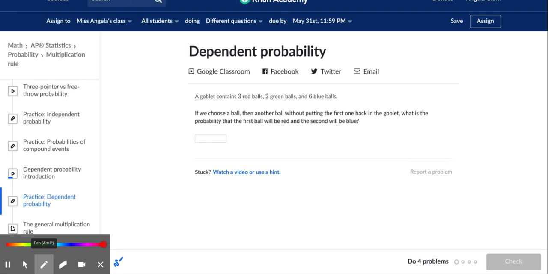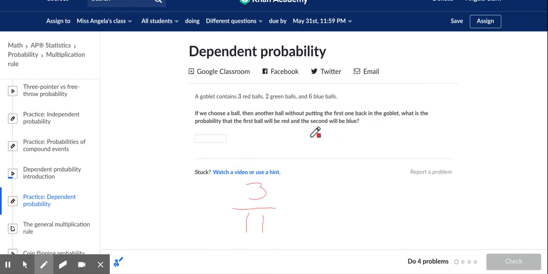So in my first time picking, I have 3 plus 2 is 5 plus 6 is 11. I have 11 balls, so that's going to be my denominator. And there are 3 red balls. So there's 3 chances of getting a red ball. 3 ways I could get a red ball.